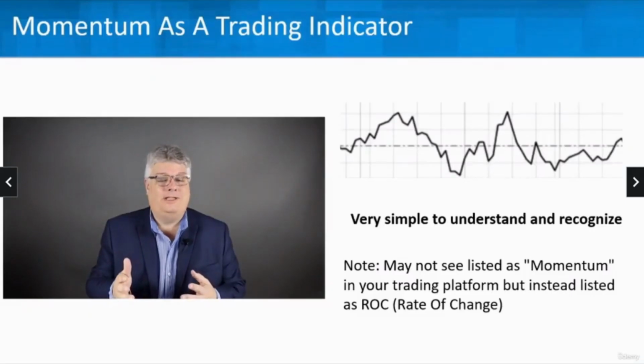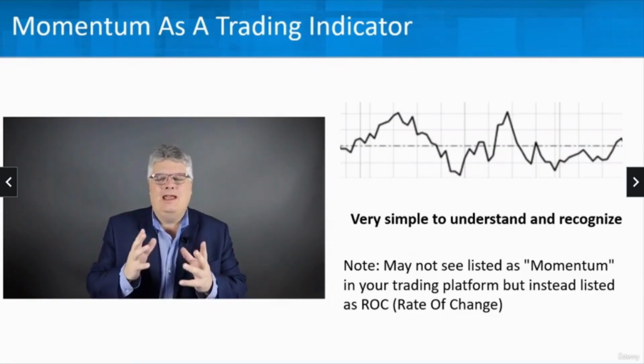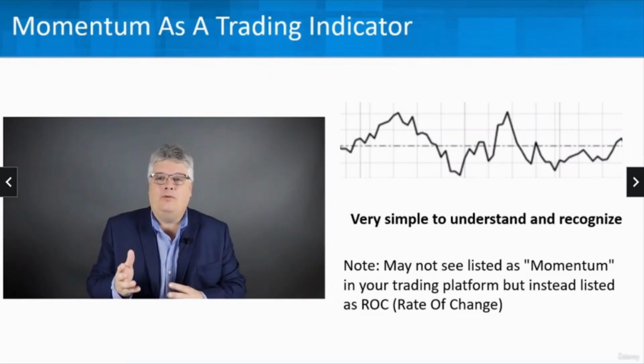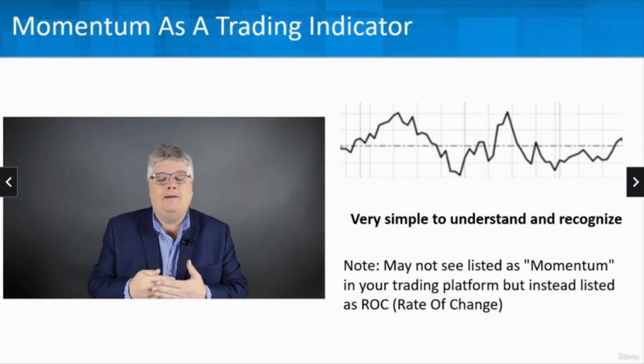Okay, now that we understand what momentum is, let's see how we can use it as an actual trading indicator, and where we can recognize buy and sell signals around that. It's actually very simple to use and simple to recognize, which makes it a nice indicator. It's always nice to have indicators that are visually appealing and help to confirm or strengthen your choices. By the way, if you're using a trading platform, a lot of times they may not list it as momentum per se.